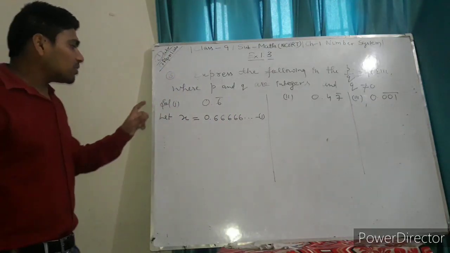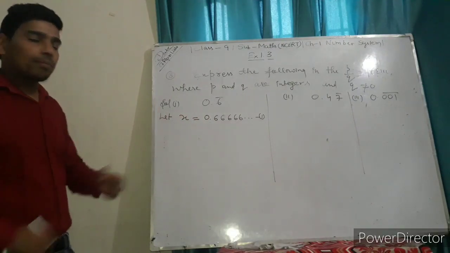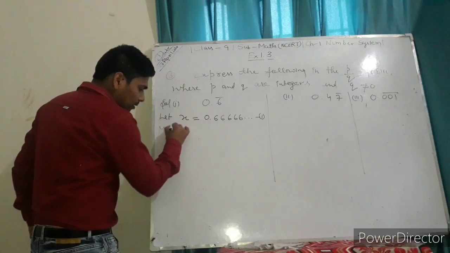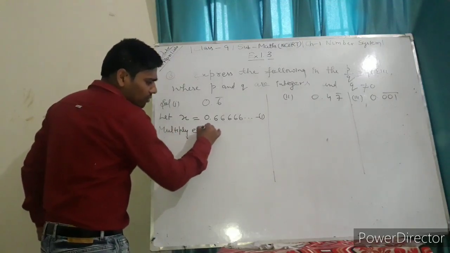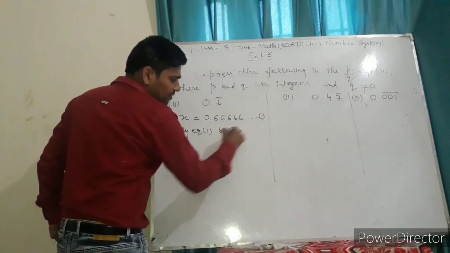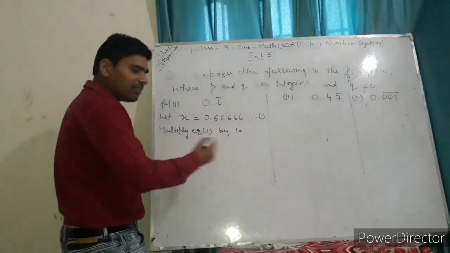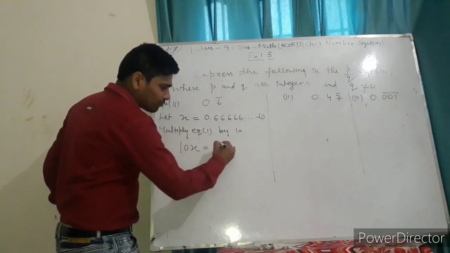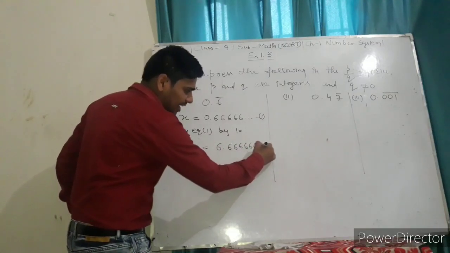After that, we will multiply it by 10. So I will write here, multiply equation 1 by 10. If I multiply equation 1 by 10, then I will get 10x is equal to 6.666666 and so on.